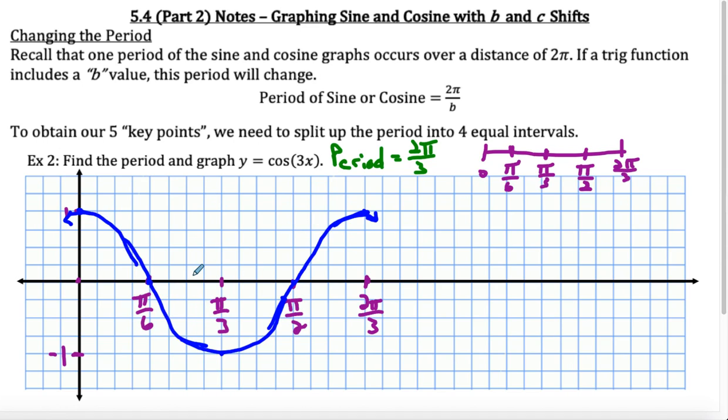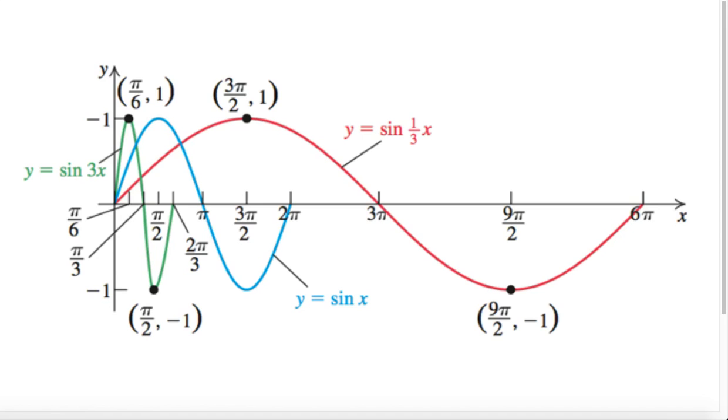Okay, so again, a b value changes the period. Now I just want to show you one example, since we aren't necessarily drawing these to scale to each other. Right here is an example of sine of 3x compared to sine of x compared to sine of 1/3 x.